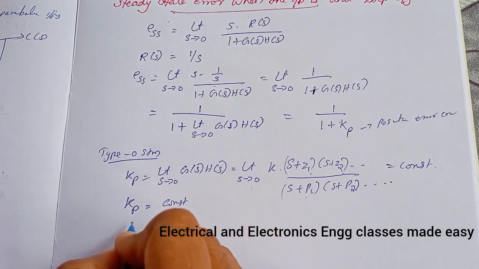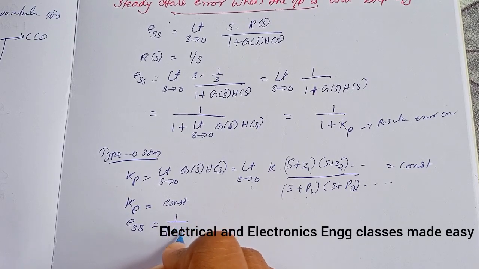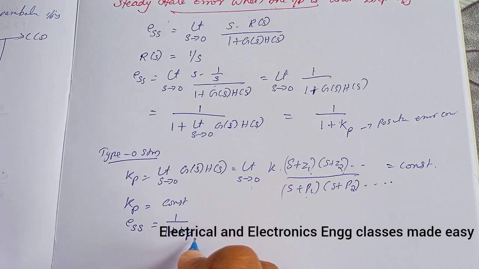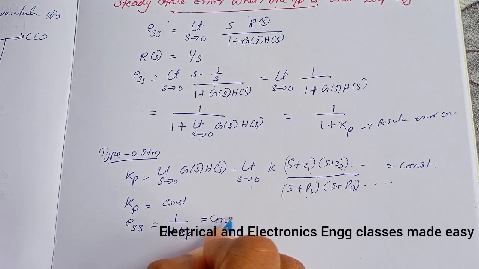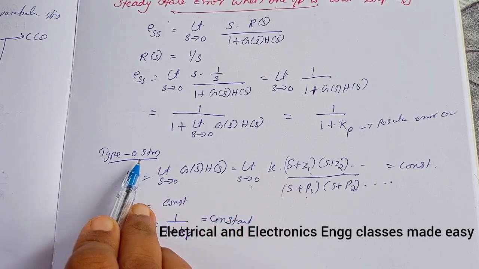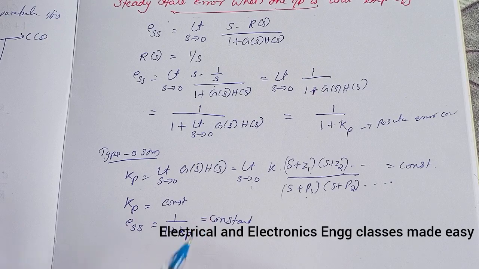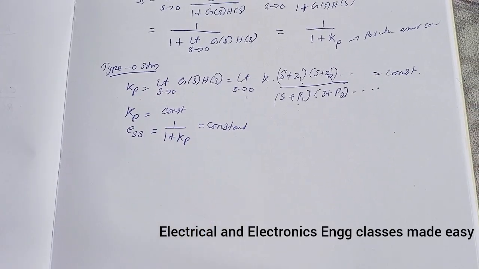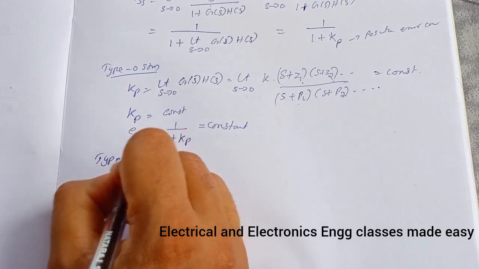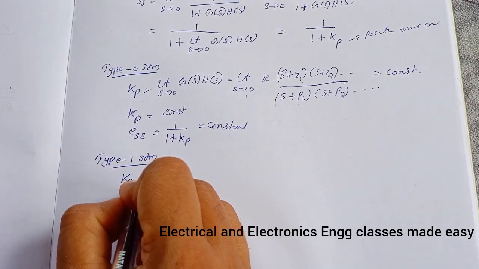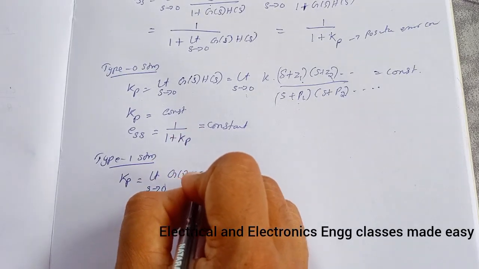That means the steady state error ESS is equal to 1 by 1 plus Kp. So when Kp is a constant, we get a constant steady state error for a type 0 system when the input is unit step signal. And for a type 1 system, Kp is equal to limit s tends to 0 of G(s)H(s).